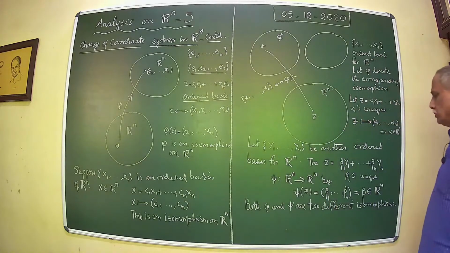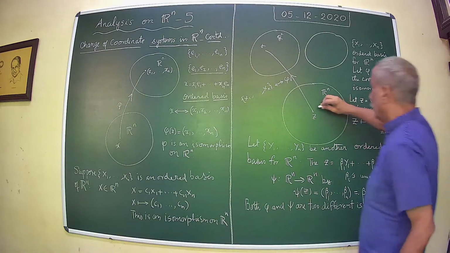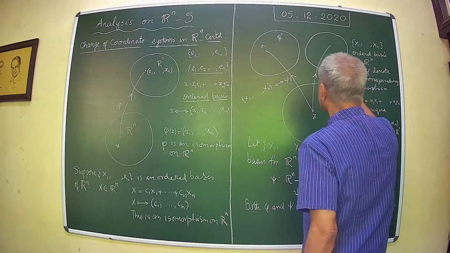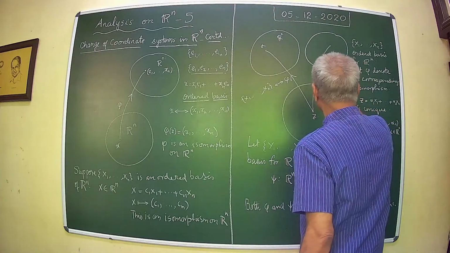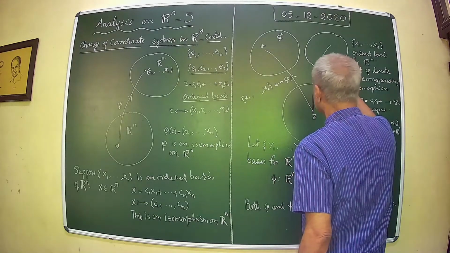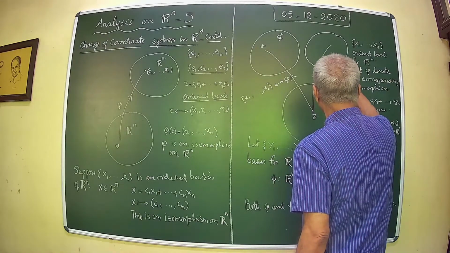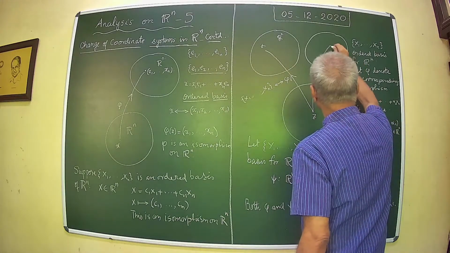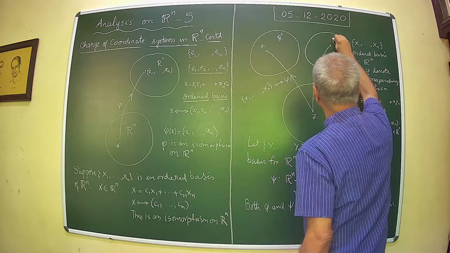So what I have is two different isomorphisms. Psi is identified with y1, and this is your beta.